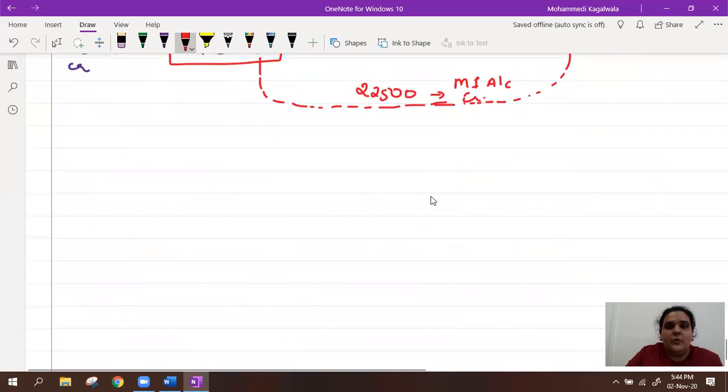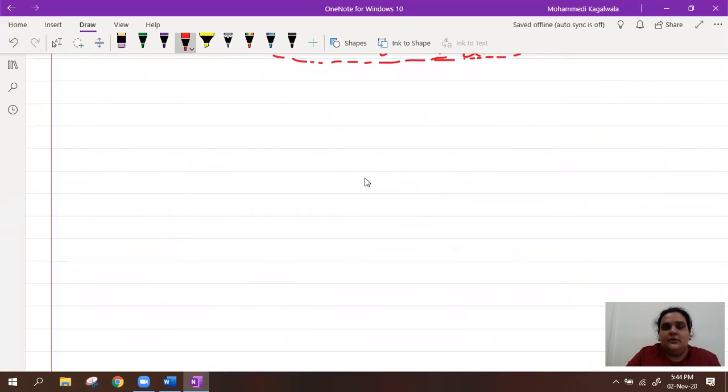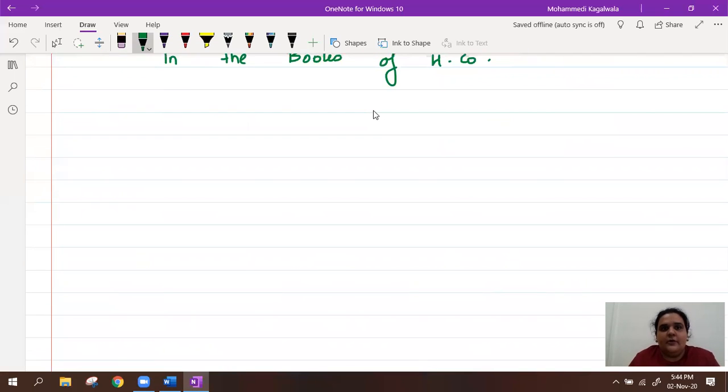Understood the concept up till now? Yes, ma'am. Now what do I do after making all these working notes? I prepare ledgers. In the books of holding company, I'll prepare only 3 ledgers. I will have my investment account. These are small ledgers, you don't need to do amount, debit, credit like that.